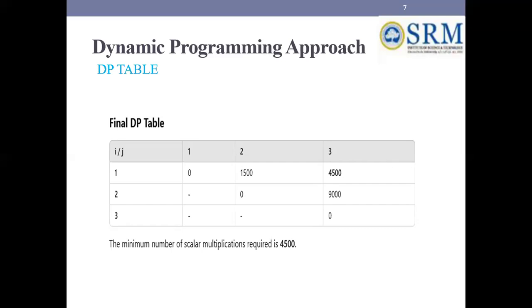So 1 comma n, that is 3 matrices. So the final result is stored in T of 1 comma n. So 1 comma 3 is 4500. This is the number of multiplications performed for the matrix multiplication of the sequence of input matrices.